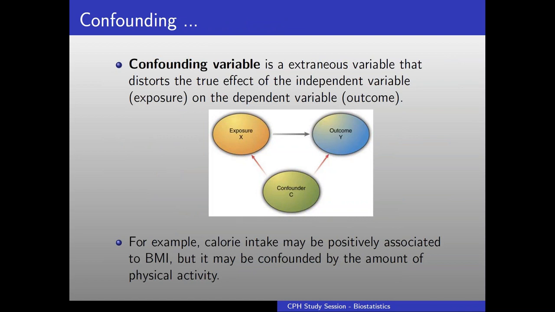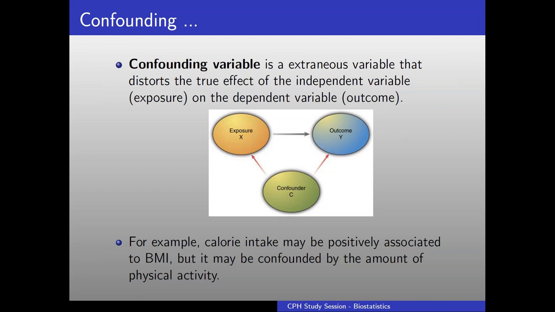Confounding variables. A confounding variable is an extraneous variable that distorts the true effect of the independent variable, the exposure, on the dependent variable. Graphically, it looks like this. For it to be a true confounder, the confounder has to affect both the x and the y. For example, calorie intake may be positively associated to BMI.